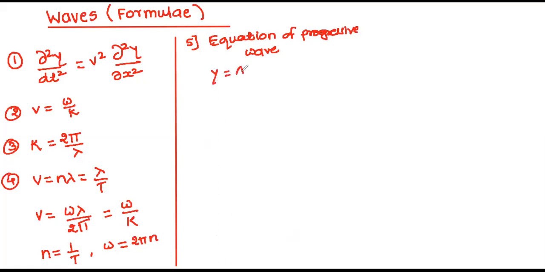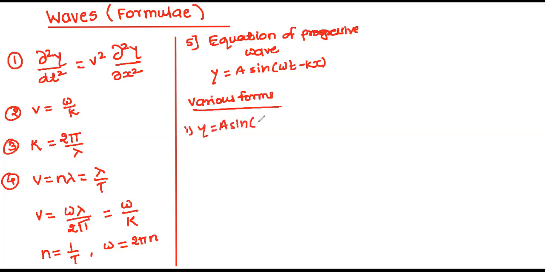y is equal to a sine omega t minus kx, and various forms of this equation. Number one, y is equal to a sine omega t plus or minus kx, or y is equal to a sine kx plus or minus omega t.